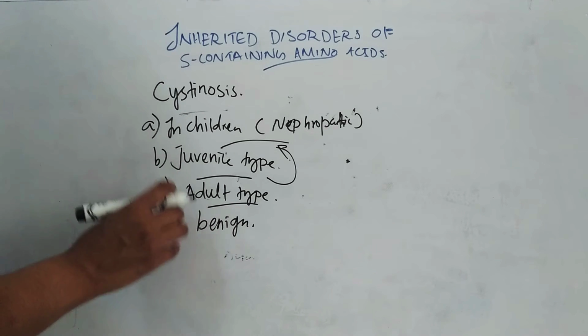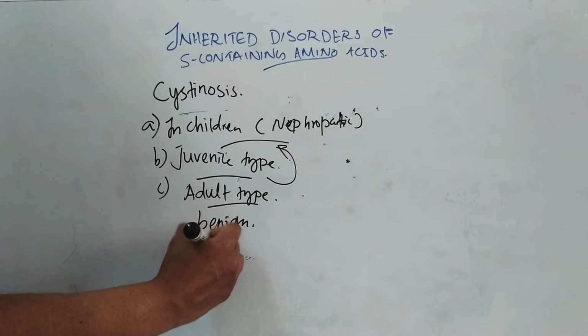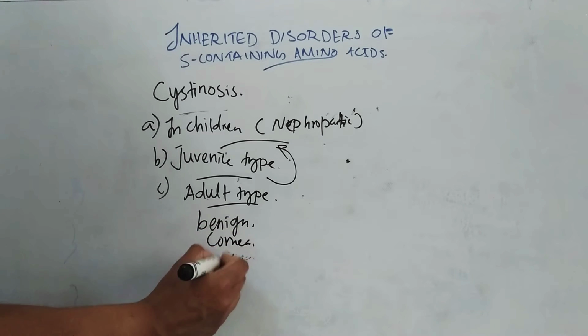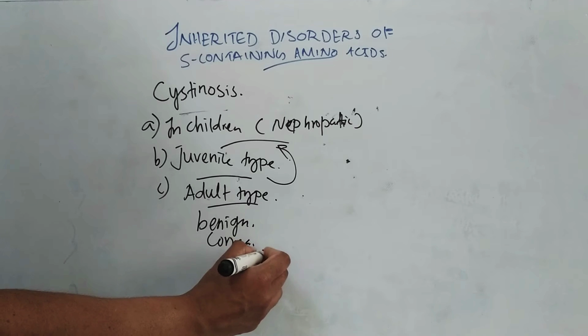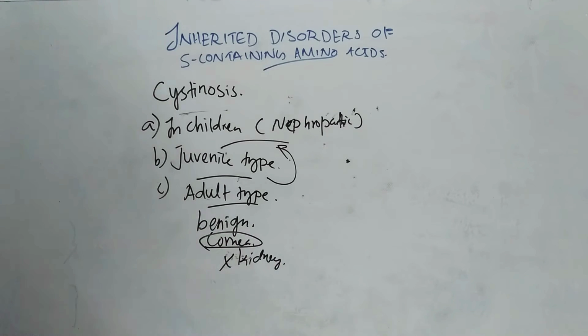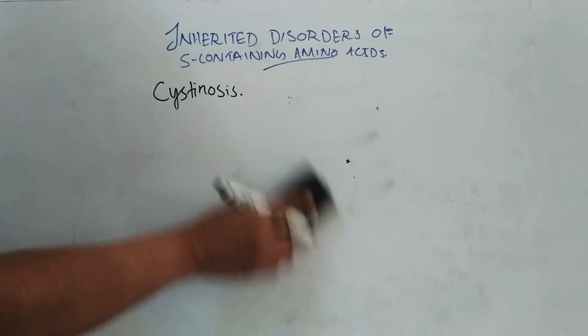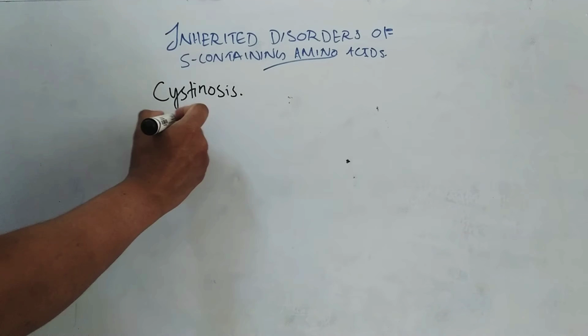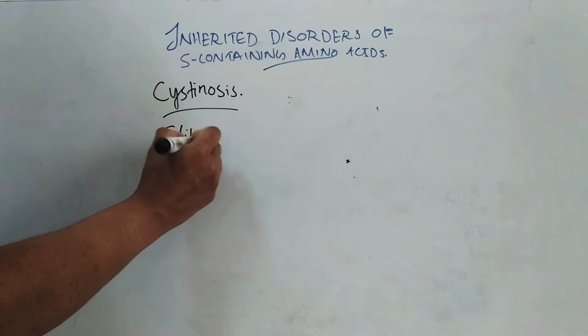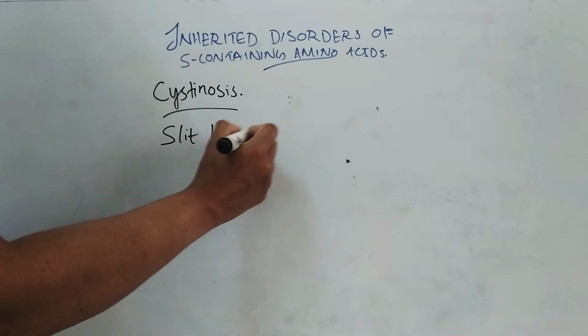Here cystine is deposited in cornea, not in kidney. These cystine crystals can be detected easily in cornea by slit lamp microscopy.